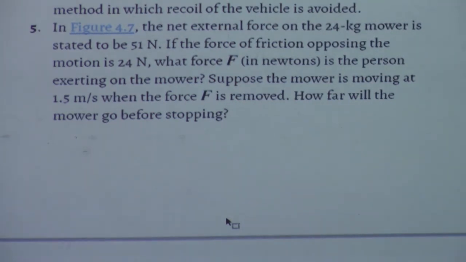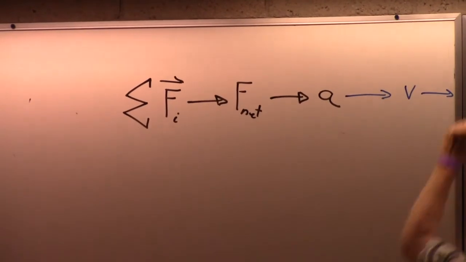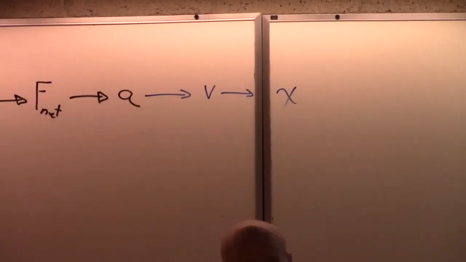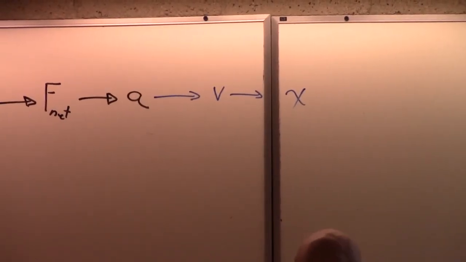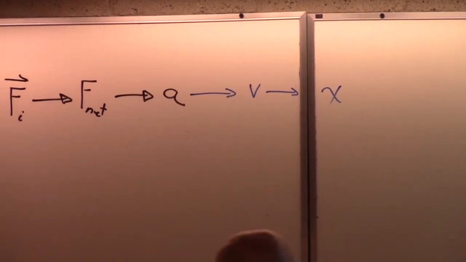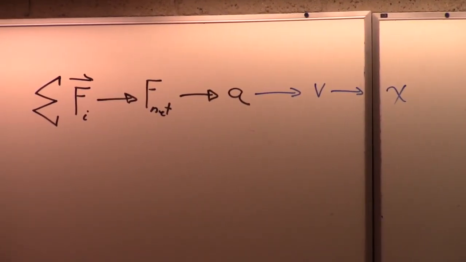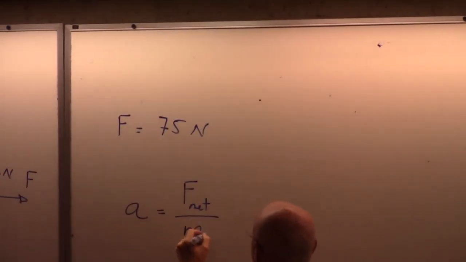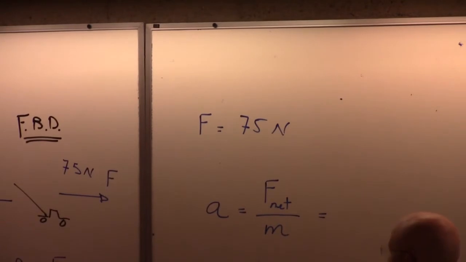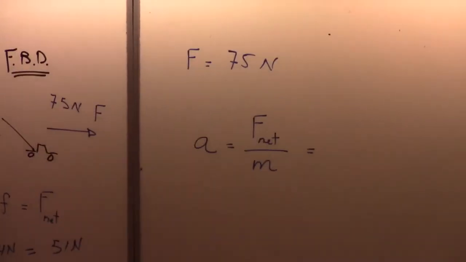All right. So this helps illustrate my little diagram a little better. In fact, it gives us a chance to go all the way down to position, because it's saying how far does the mower go. So during the second part of this, I'm going to say, well, what is the acceleration of this mower?